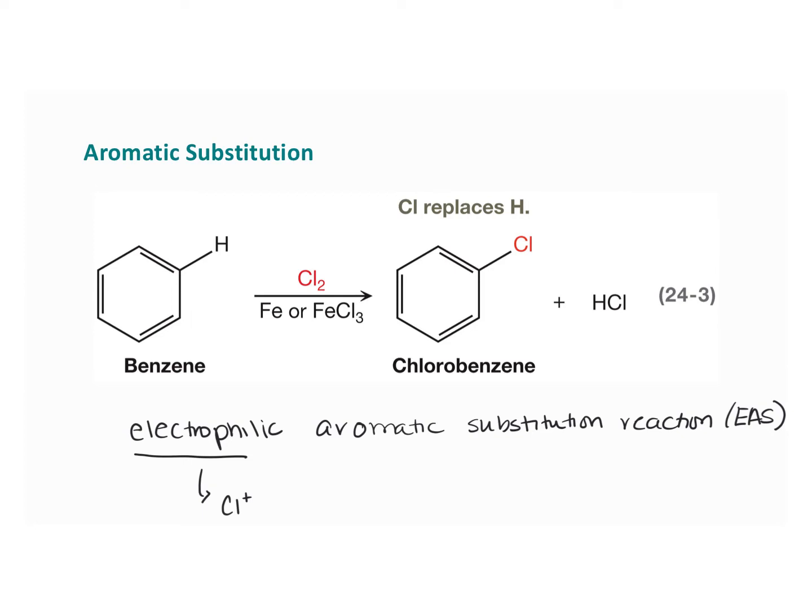So here in chapter 24, we're going to study the general mechanism for this reaction, and then other electrophilic aromatic substitution reactions that involve benzene. And so these reaction mechanisms are really very similar. As a matter of fact, even though they vary in their reagents, the mechanisms are the same.